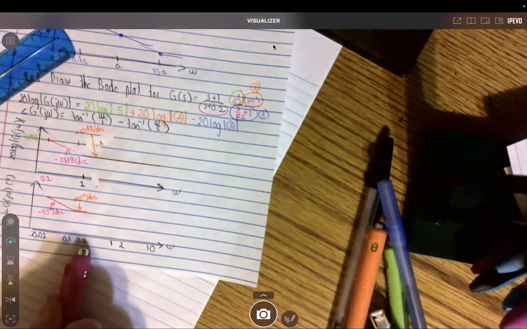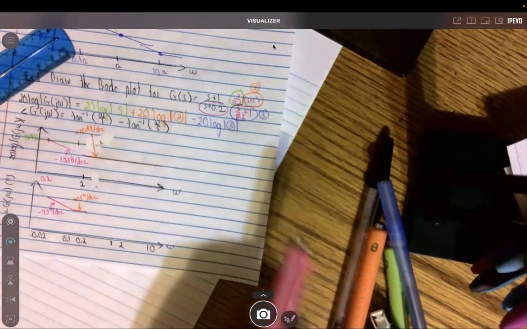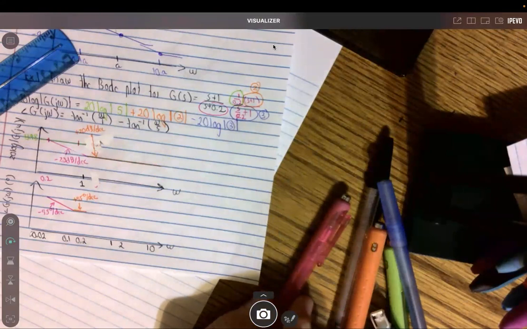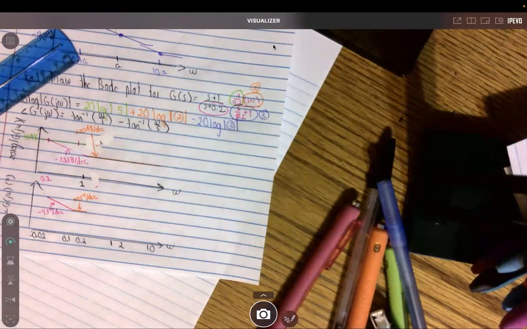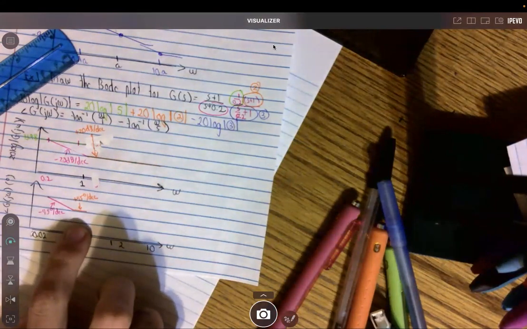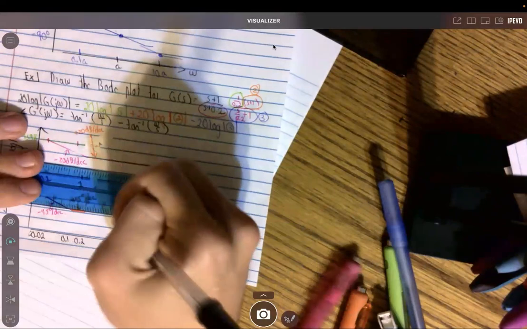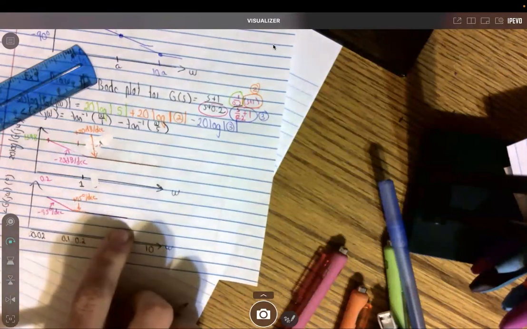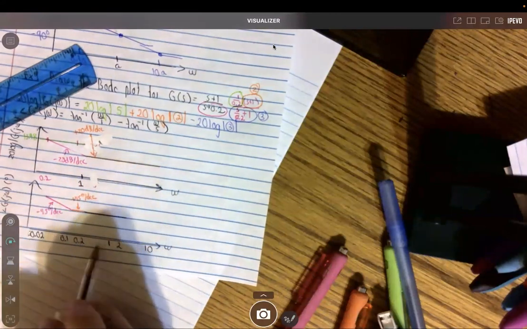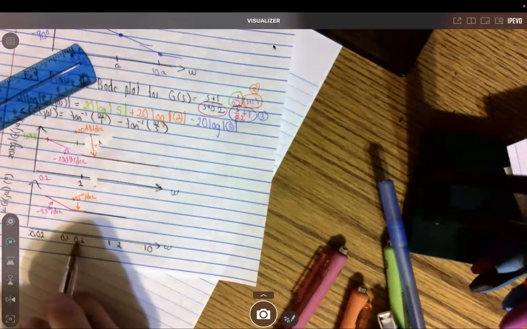Then at 0.2, we still have this where it is the same, but this one would be negative 45. Okay, so this one would then cancel out until we go all the way over here, so this would remain at 0 until right here where the 0.2 will die out because it's 1 decade after, so that negative 45 degrees per decade by the 0.2, where omega equals 0.2, will die out.